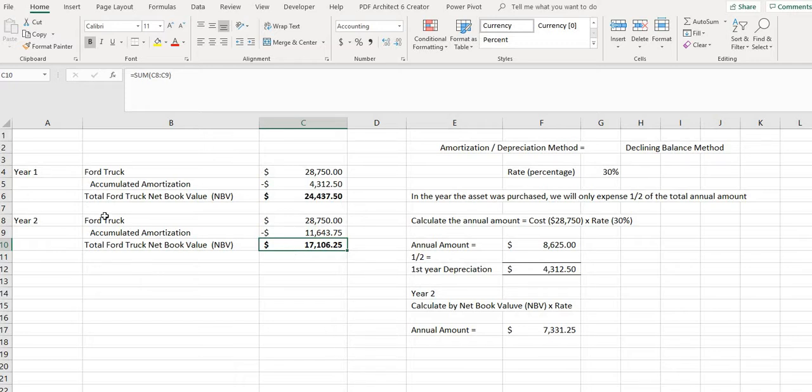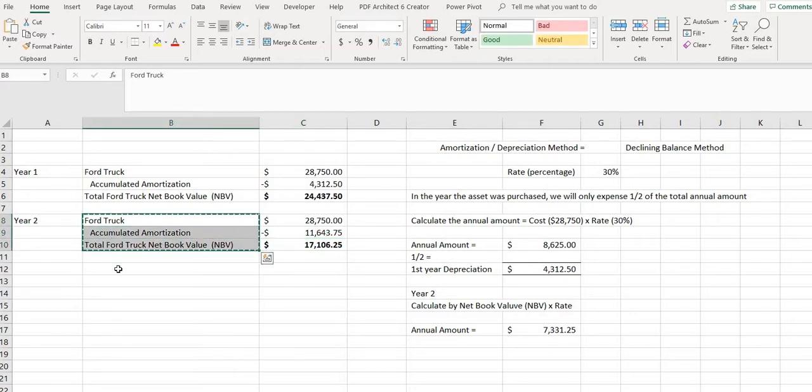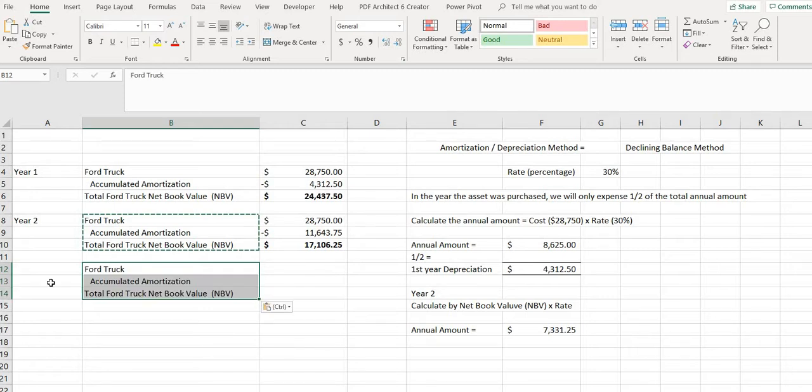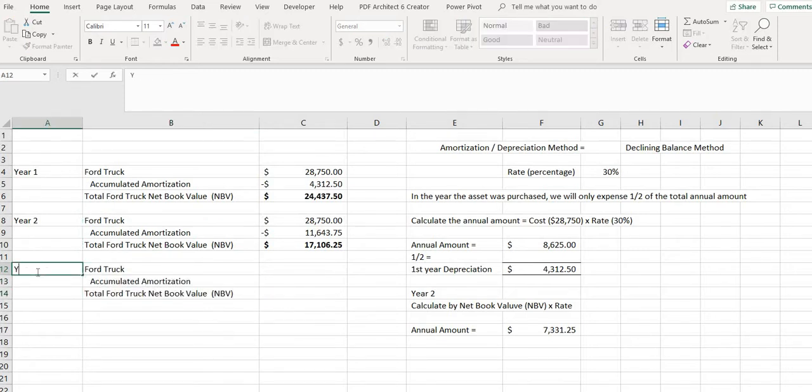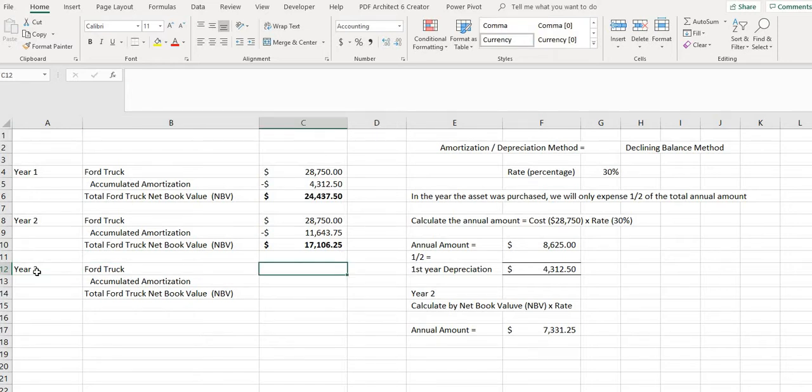$17,106.25. Now, just for demonstration purposes, I'm going to do one more here and put it as year 3, just to give you another example. So again, the original cost on the balance sheet always remains the same. That never changes.